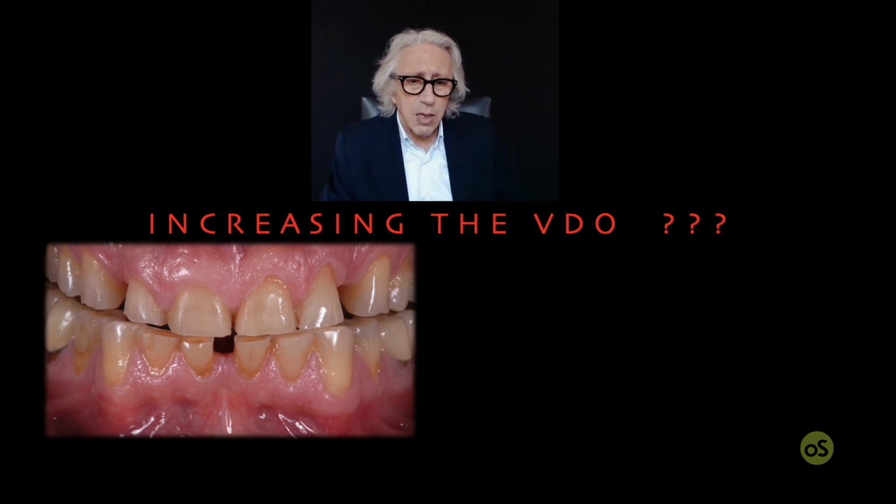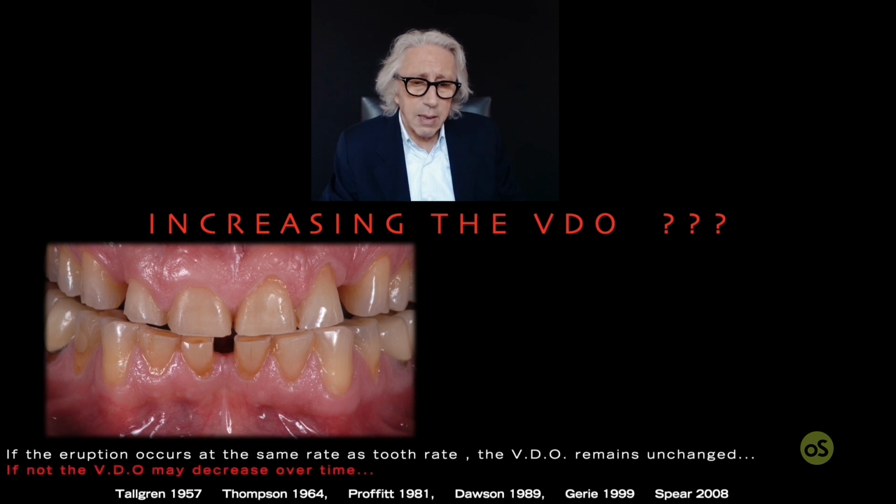So in some cases, even though you have teeth that are completely ground down, they have not lost the vertical dimension. That is said by many authors, as you could see from this picture. If the eruption occurs at the same rate as tooth wear, the vertical dimension remains unchanged. If not, the vertical dimension may decrease over time.